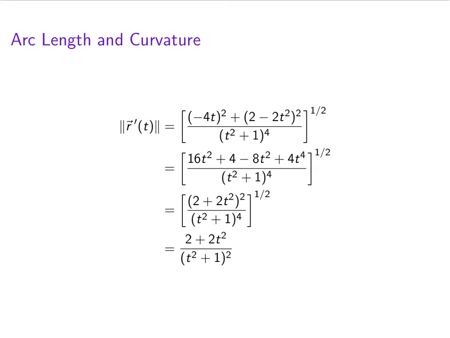We get something that looks like this. And notice that the top is just 2 times 1 plus t squared, so everything cancels out with one of the t squared plus 1's in the bottom, and we get this very nice looking expression for the length of r prime of t.